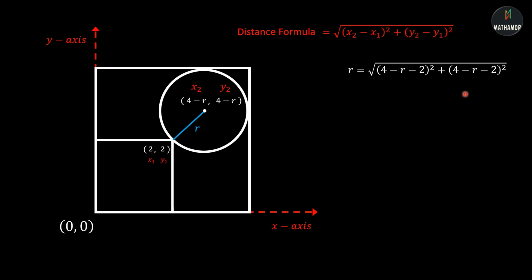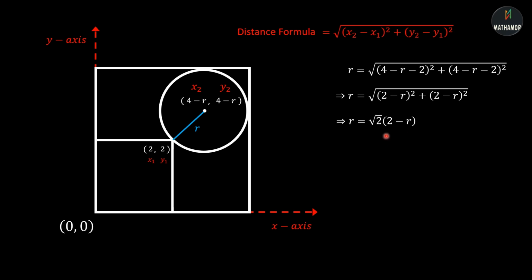Now after solving this we get r is equal to the square root of (2 minus r) whole squared plus (2 minus r) whole squared. So these two same terms will make 2 times (2 minus r) whole squared, and after taking the root we get r is equal to root 2 times (2 minus r).